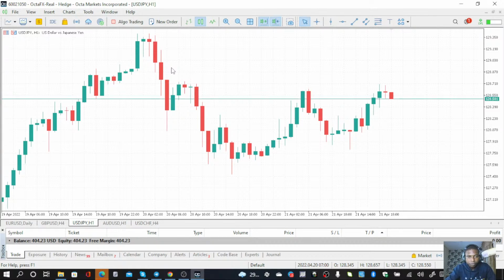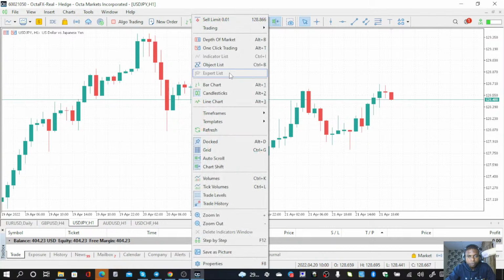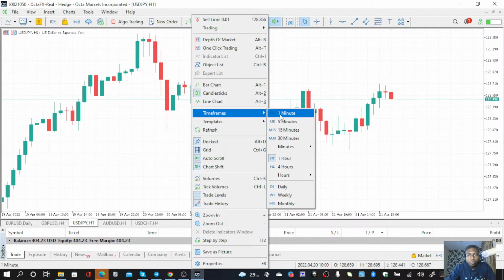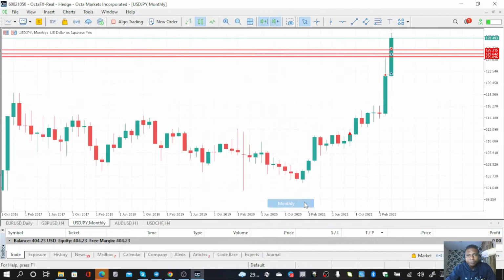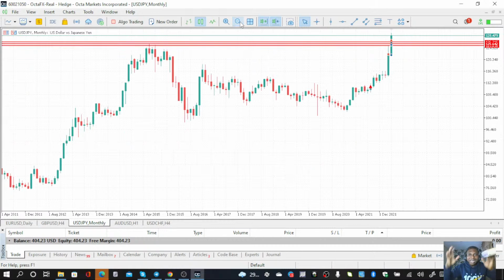Number one, what is the market structure? We start with the higher time frame, because you use the higher time frame to get a broader view of the market, and the smaller time frame to get a closer view.